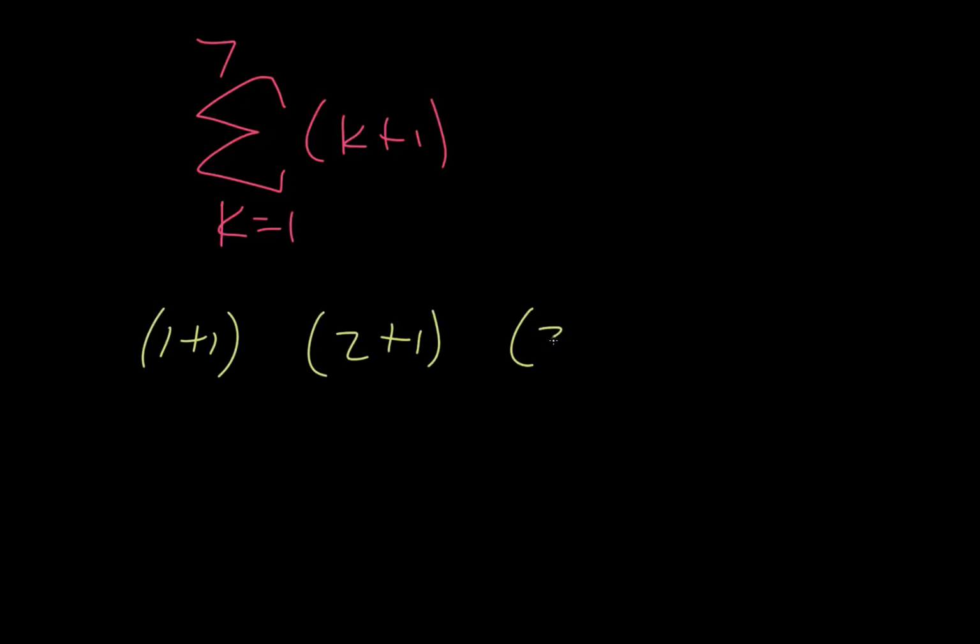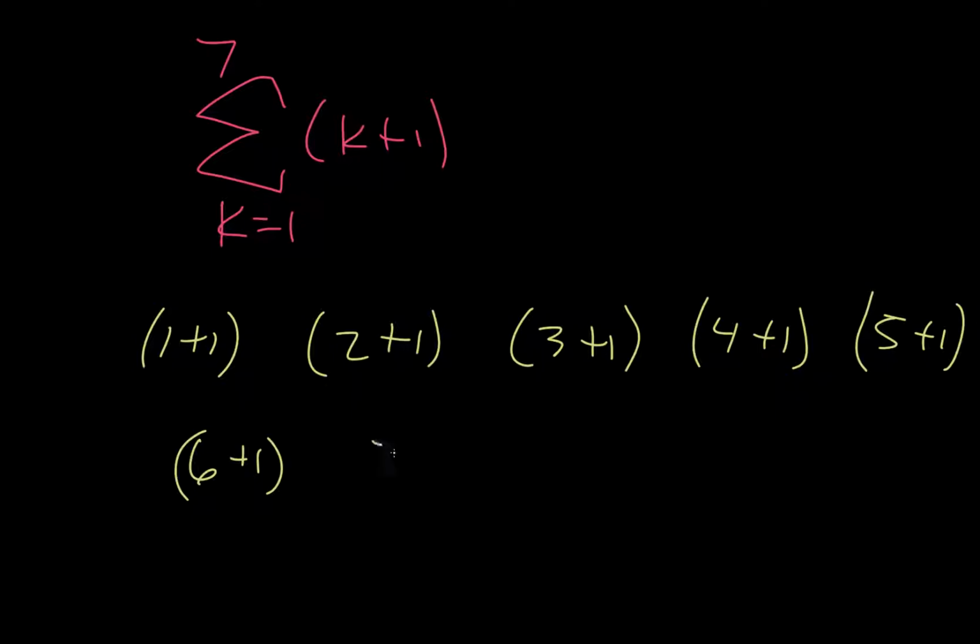Then we plug in a 3, then a 4, then a 5, then a 6, and then a 7. And then this symbol tells us to add all those together. And then it's just up to our simplification.